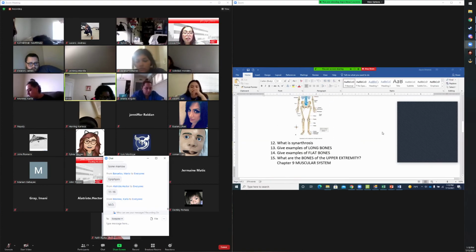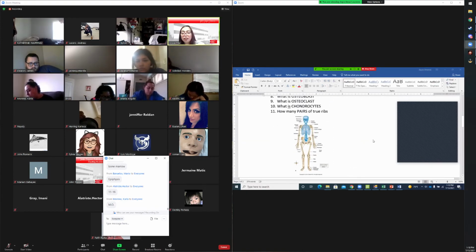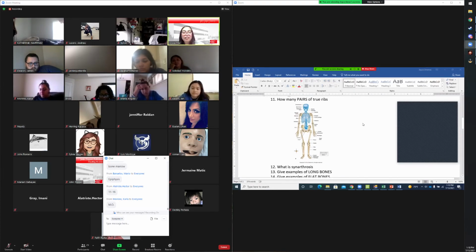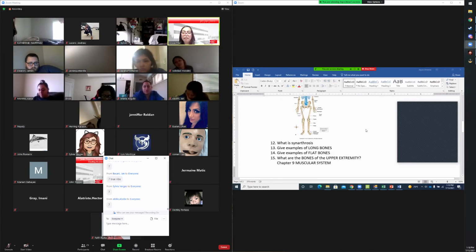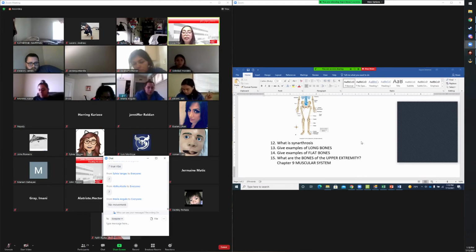11 to 16. Number 11. How many pairs of true ribs do we have? 7. What is synarthrosis? It's a kind of joint that doesn't have any movement.